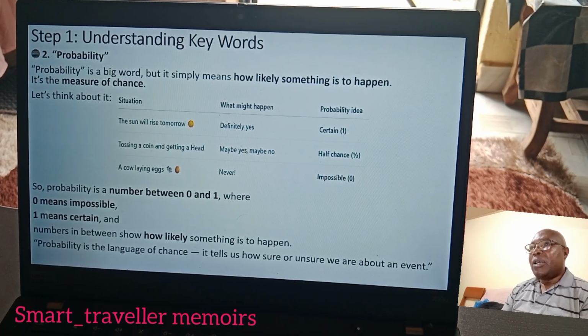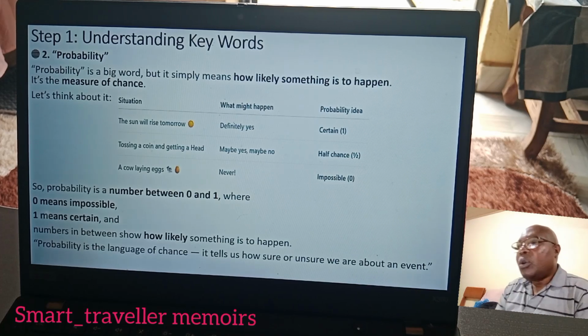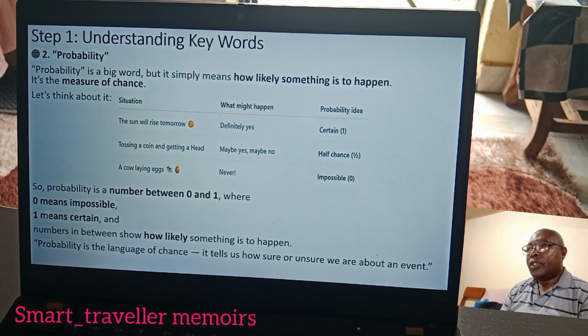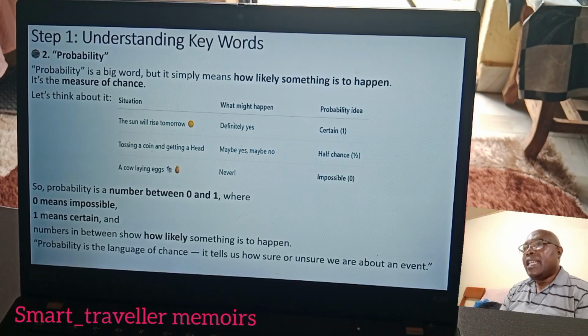Let's think about it. I've decided to do this deliberately because I wanted to bring this table below here. Situation, what might happen, probability idea. The sun will rise tomorrow. What might happen? Definitely yes. Probability idea, certain, 1. Tossing a coin and getting heads. What might happen?